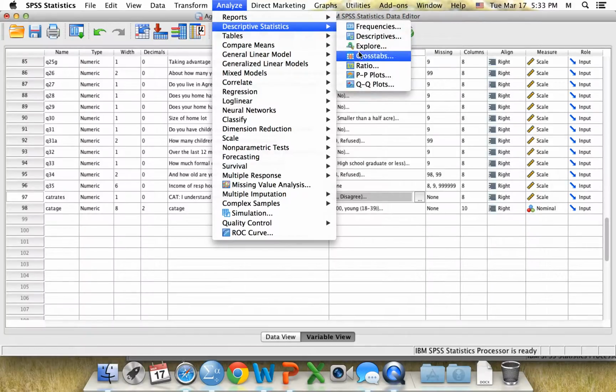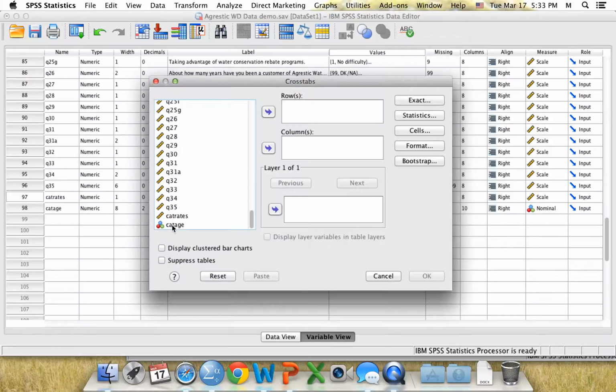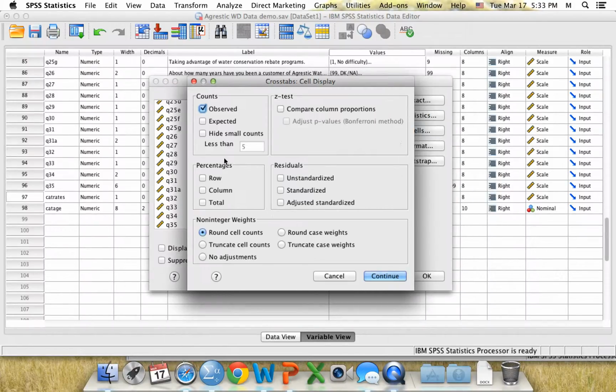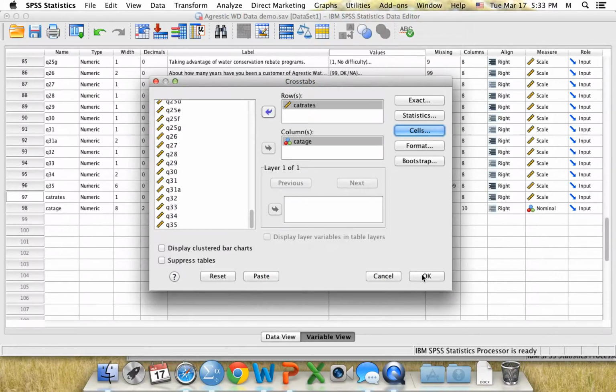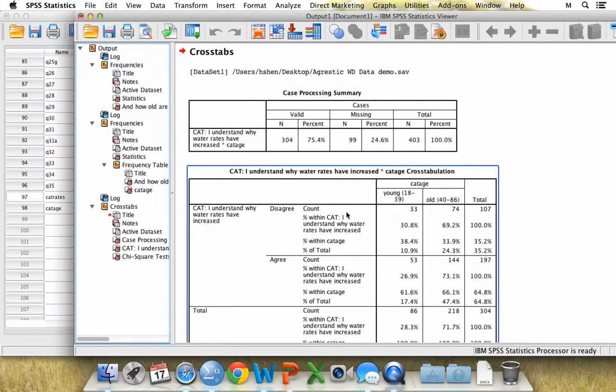So I go to Analyze, Crosstabs, I select cat age as the independent variable, meaning the cause, into the column, and cat rates into the row, and I choose Statistics for chi-square. I choose Cells. I request row, column, and the total information. So I click OK.